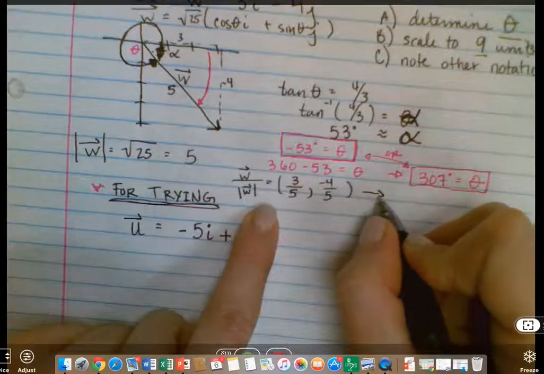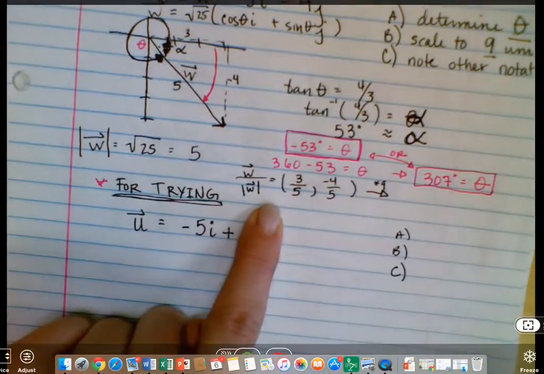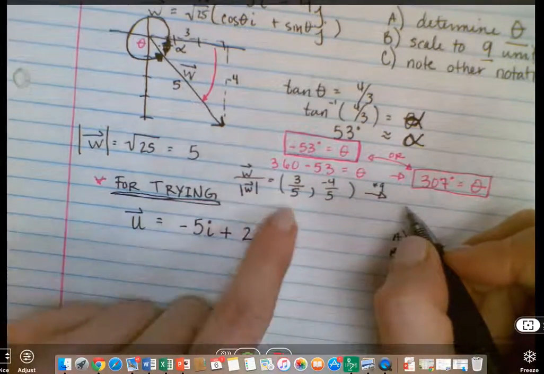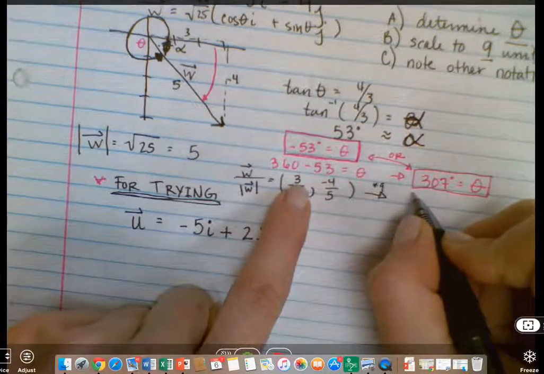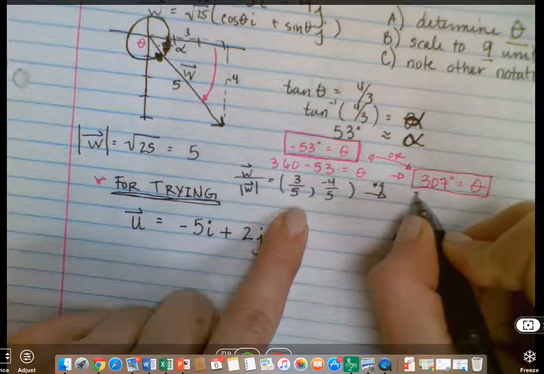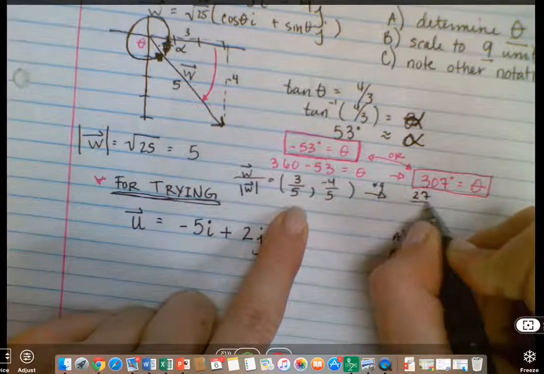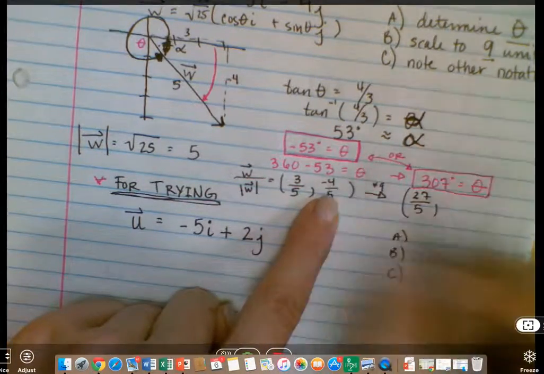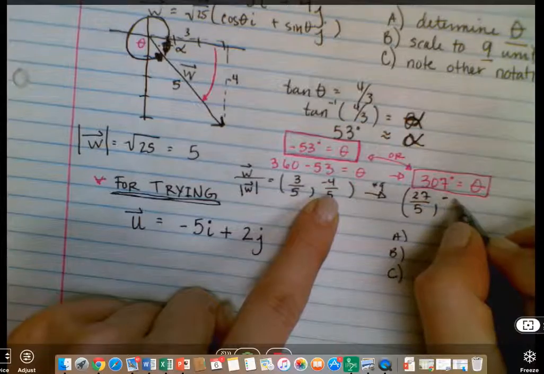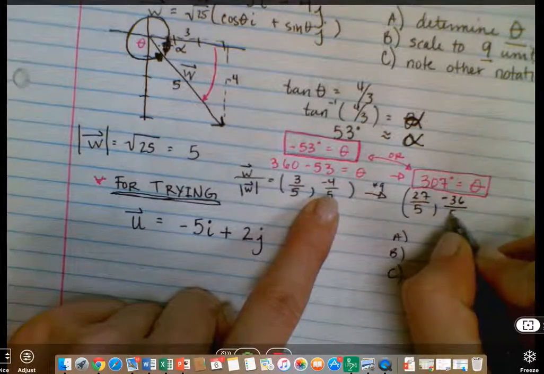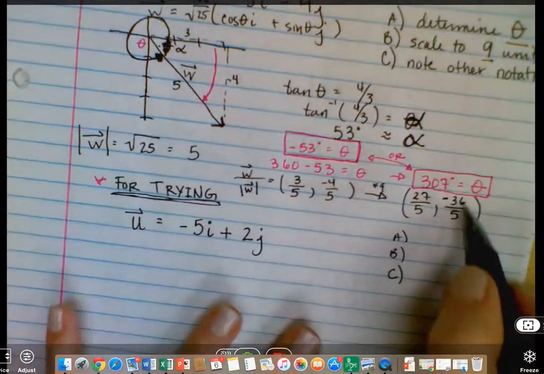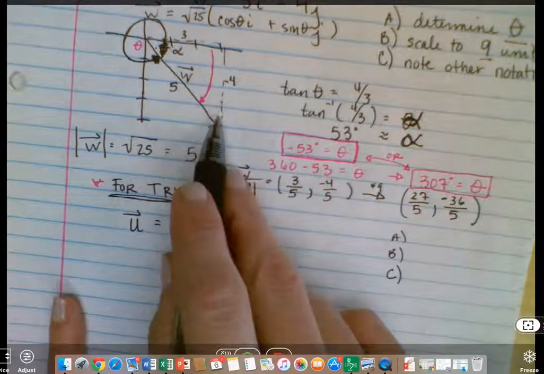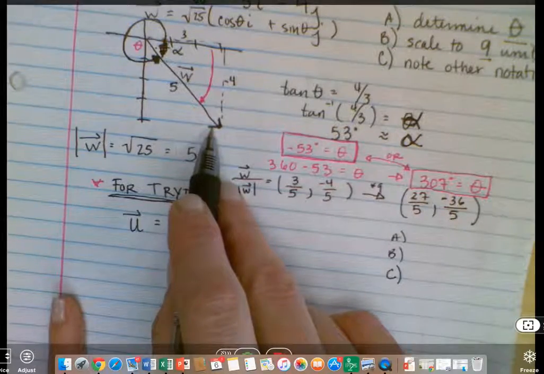And if I want to scale him up to be 9 long, then I'm going to multiply by 9 over 1 to each of my components. So 3 times 9 over 1 becomes 27 over 5 would be my x component. And then 9 times negative 4 would give us negative 36 over 5. So this vector right here would have a magnitude of 9, yet have the same direction as vector w.